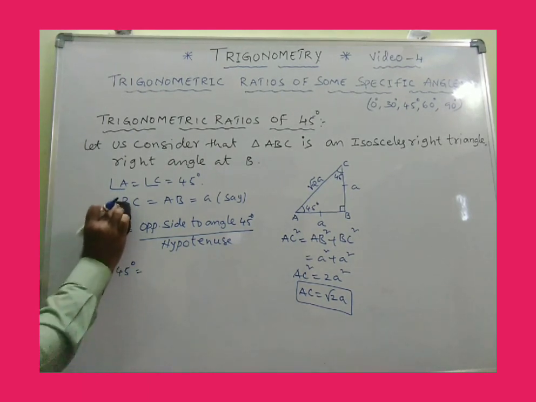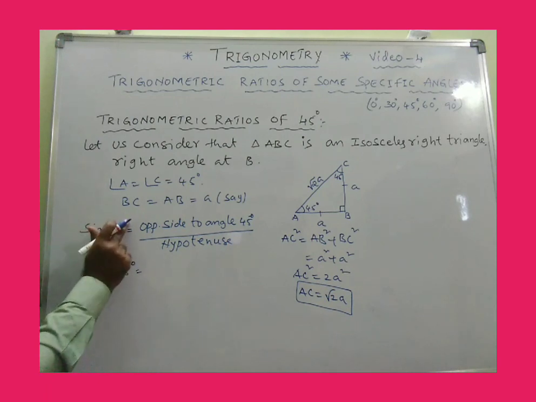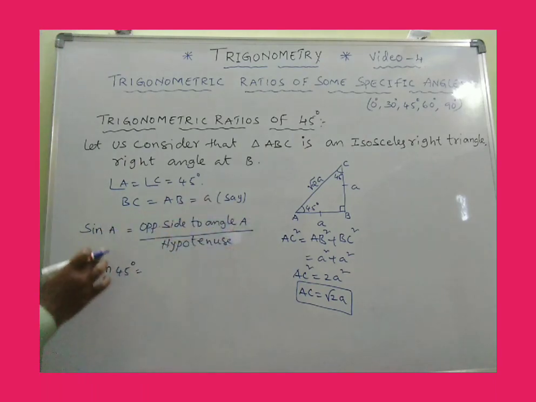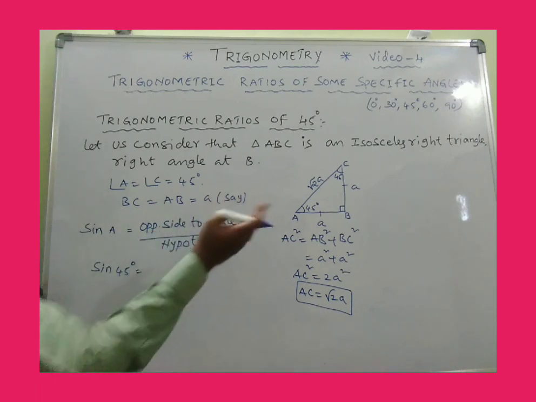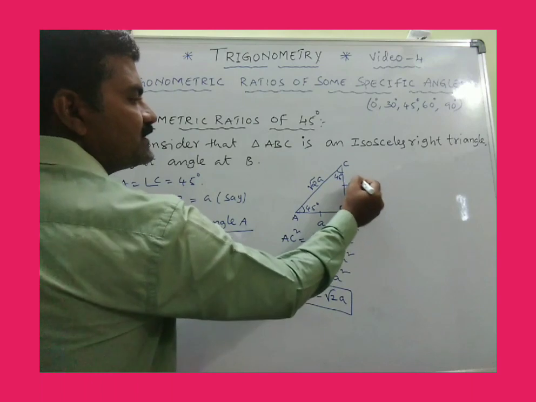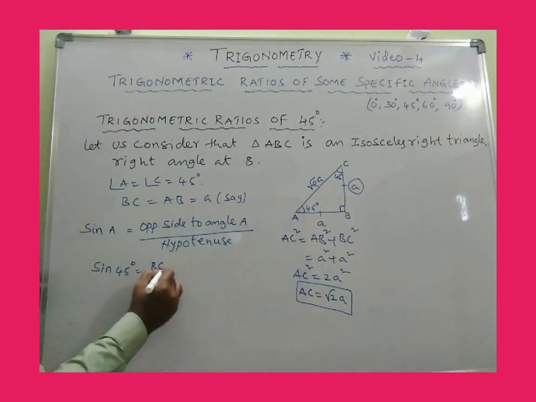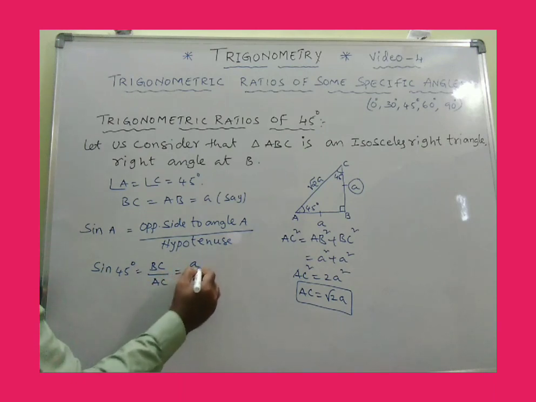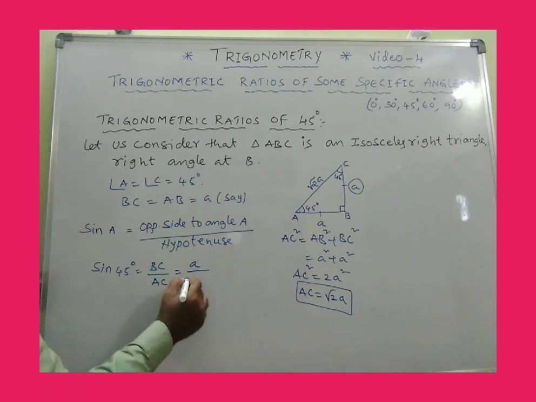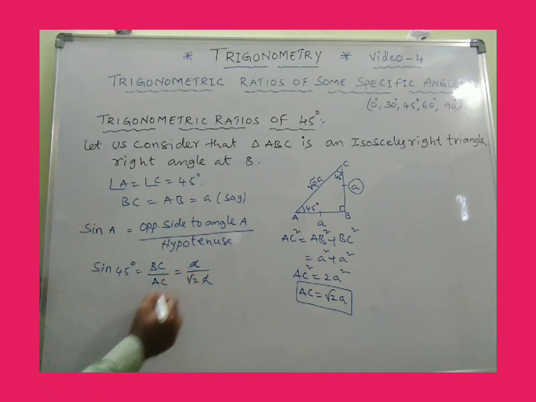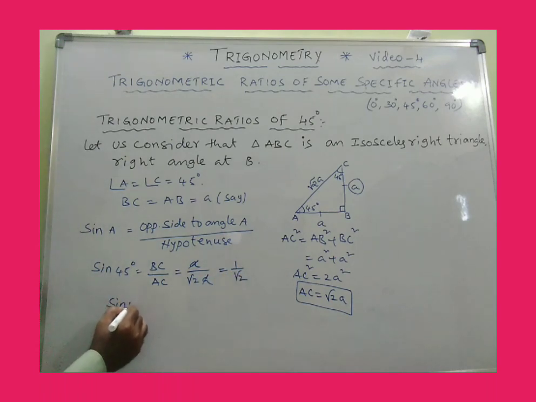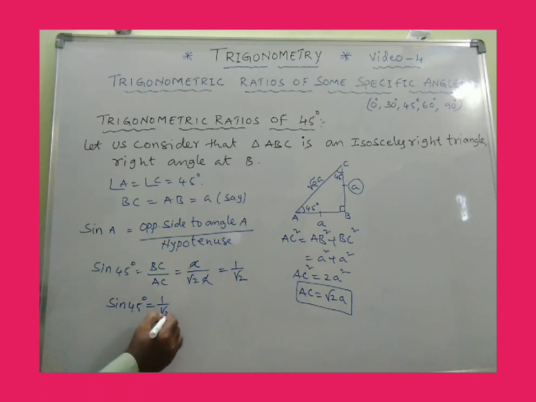Instead of that, better you consider sine capital A. Then opposite side to angle A. Now A I want to replace with 45, isn't it? Hence, what is the opposite side to angle A? It is BC by AC, the hypotenuse. BC length is small a, whereas AC length is root 2 a, hence a gets cancelled, which is 1 by root 2. Sine 45 degrees is equal to 1 by root 2.